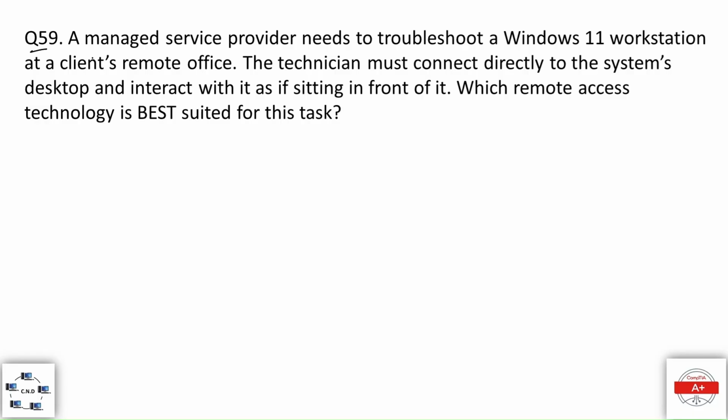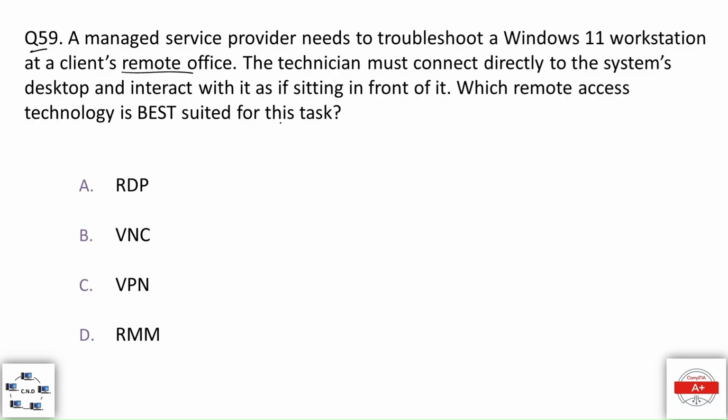Question number 59. A managed service provider needs to troubleshoot a Windows 11 workstation at a client's remote office. The technician must connect directly to the system's desktop and interact with it as if sitting in front of it. Which remote access technology is best suited for this task?